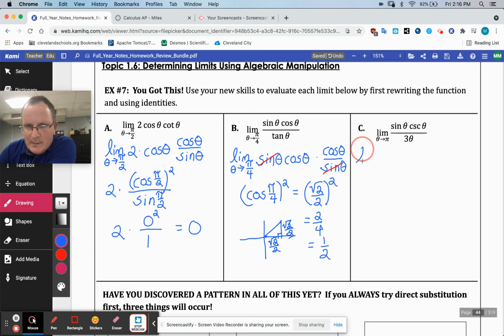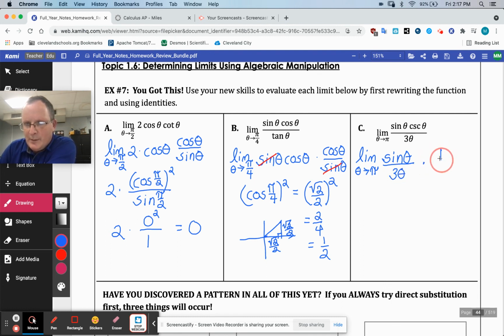Okay, so I've got the limit as theta approaches pi of sine theta over 3 theta. And over here to the side, I'm going to take care of this.